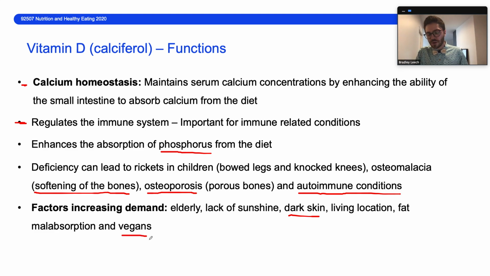Vegans, yes, because we can obtain a small amount of vitamin D from the diet, which does contribute to our overall vitamin D status. However, there are very few vegan foods which have levels of vitamin D in them. And also fat malabsorption. Individuals who suffer from particular conditions where you can't absorb fats, that will go for all fat-soluble vitamins. There is that reduced absorption.